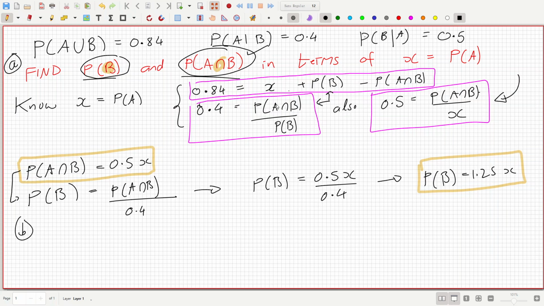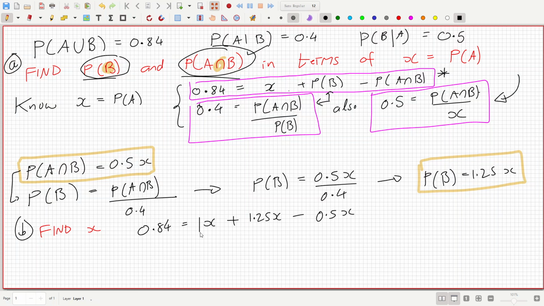Part B is to find X. You'll notice I haven't used the first equation. So if I use the first equation, I get 0.84 equals X plus P(B), which I said is 1.25x, minus P(A and B), which is 0.5x.